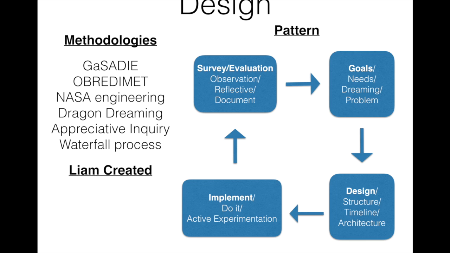So as you'll see, I took Gasedi and Obredimit, and the first design methodology that I created, I was empowered during my pre-capstone year to do Orgbity, which basically looks like a combination of Gasedi and Obredimit. It was me choosing the letters that most resonated with my process. Ironically, the B is not the boundaries of Obredimit.